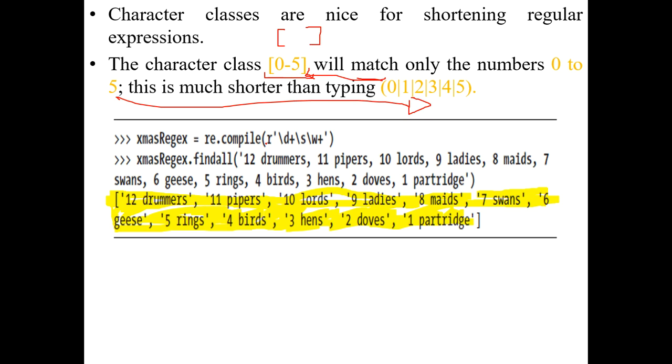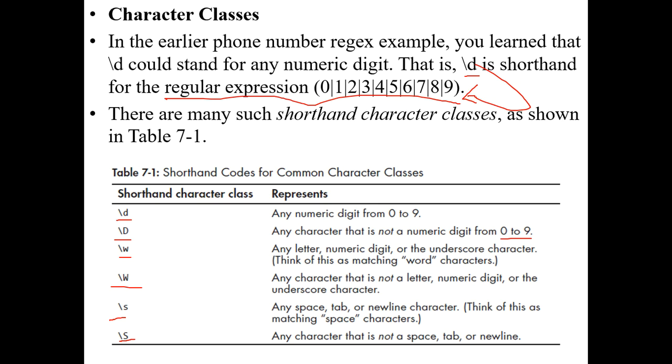Here we have taken one simple example. This represents a digit from 0 to 9. Plus represents one or more, so it is going to match one or more digits. After that, small s corresponds to a space, and small w represents a letter, numeric digit.